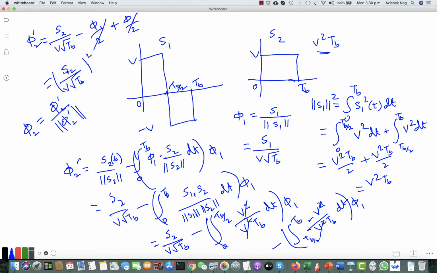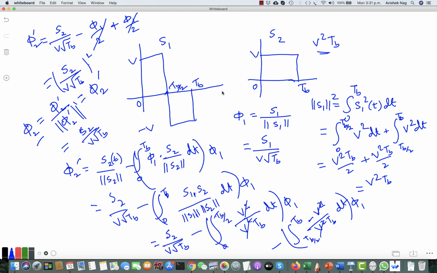So in the numerator you will have S2 square, in the denominator you have v square TB, and S2 square integrated over all values of t will give you the energy of S2, which is v square TB. So v square TB and v square TB will cancel out, and the norm of phi 2 dash is basically 1. So phi 2 is just equal to phi 2 dash, and that is basically S2 divided by v root TB.